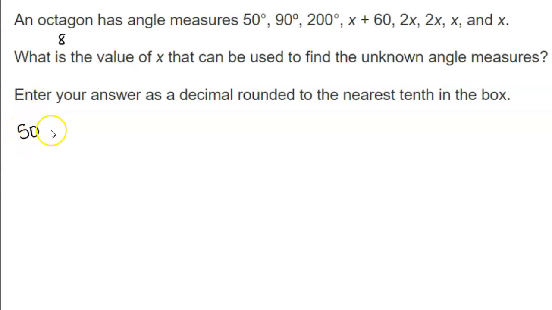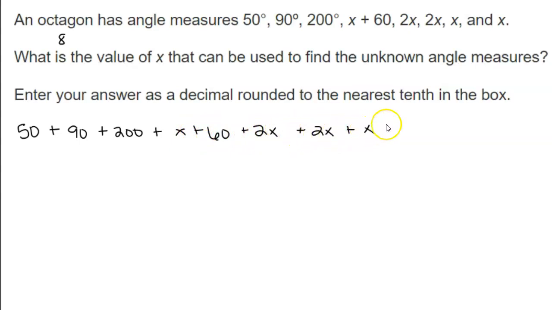If I were to add these angles up, 50 plus 90 plus 200 plus x plus 60 plus 2x plus 2x plus x plus x, they are all going to equal something. However, I need to do a little side math to figure out what they add up to.